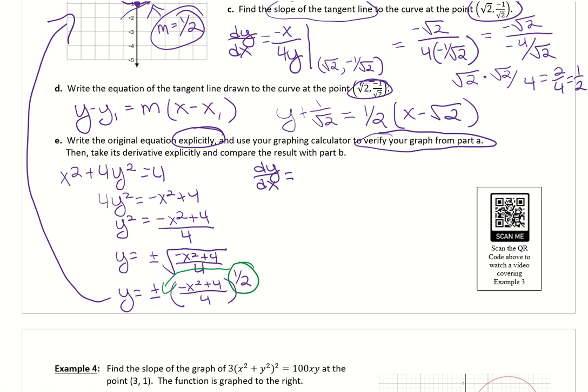So we're going to have 1/2 times negative x squared plus 4 all over 4 to the negative 1/2. And then let's find the derivative of the inner. The derivative of the inner function, that negative x squared, is going to be negative 2x.